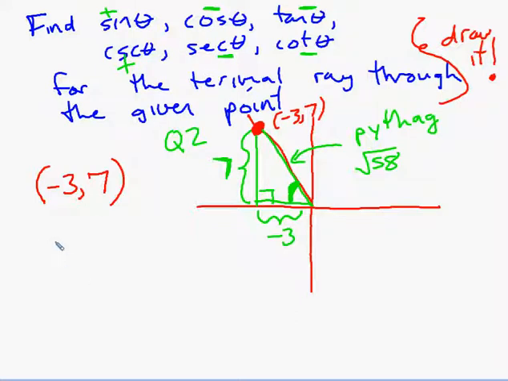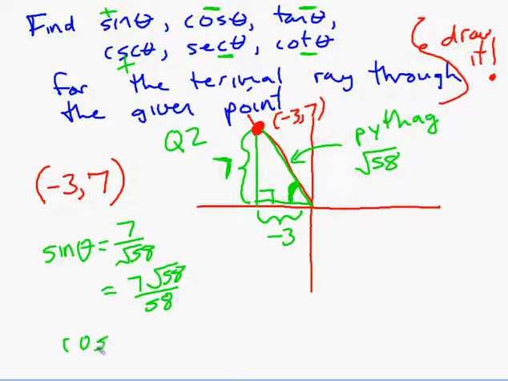All right, so sine of my angle is opposite over hypotenuse, so 7 over root 58. And I think your book rationalizes, so we'll go ahead and rationalize. That was from the previous chapter. Cosine of my angle is adjacent over hypotenuse.